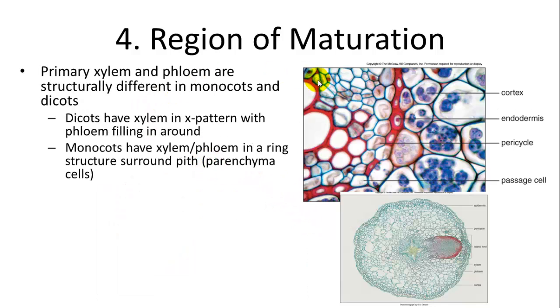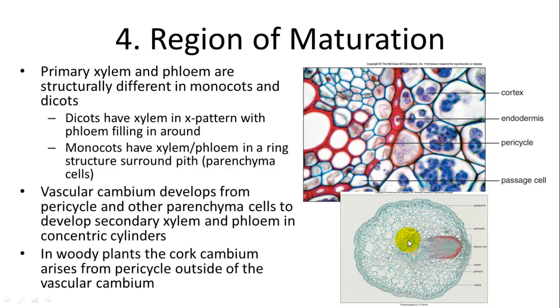The primary xylem and phloem then are structurally different in monocot and dicot roots. In dicots, they have a typical X pattern of the phloem, and then the xylem around them kind of fills in that area. And in monocots, they have the xylem and the phloem in a ring, which we don't have a picture of.